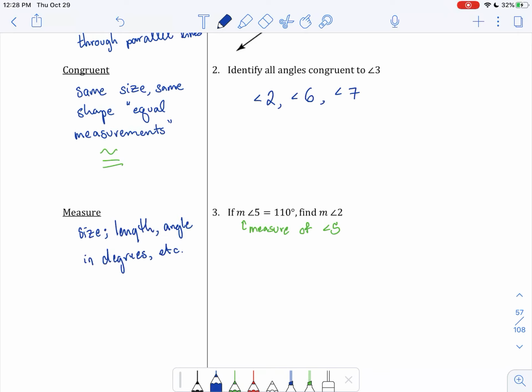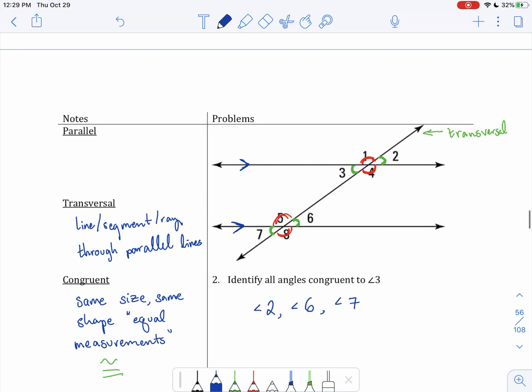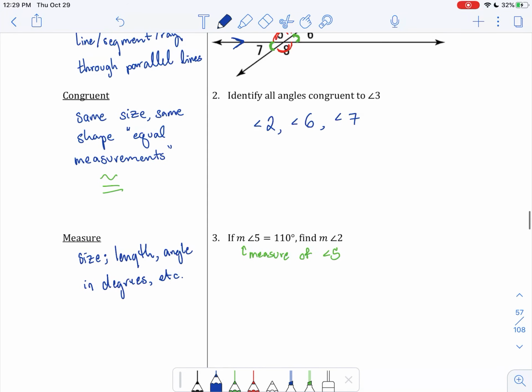So what we're looking at here is that we say, oh, if our obtuse angle is 110 degrees, find the measure of angle 2. So if you look here, angle 2 is one of our acute ones. So this is the acute size. And since this is 110, that means that 110 is greater than 90 degrees, this is our obtuse angle.